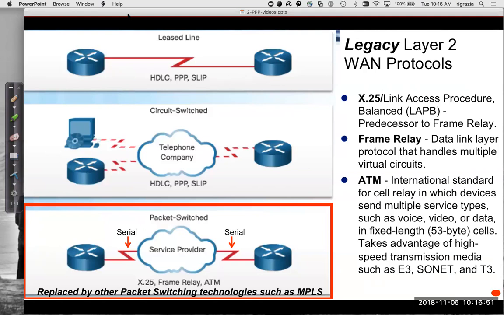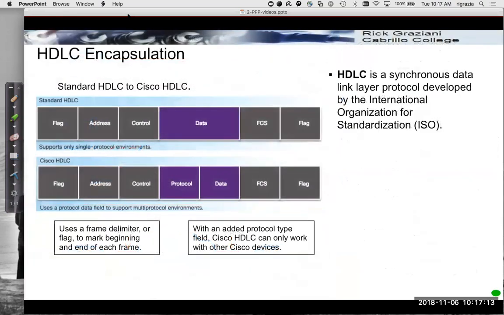I haven't seen X.25 around in a long time. There's still a little frame relay out there, but I know AT&T hasn't supported frame relay for many years. So a lot of this has been replaced by other technologies such as MPLS that we talked about in a previous video.